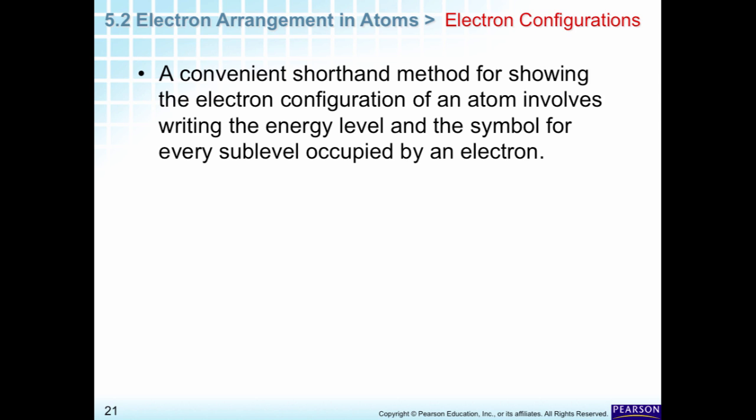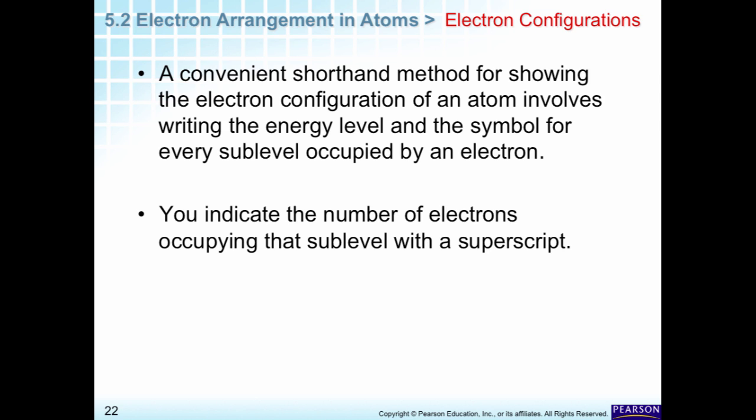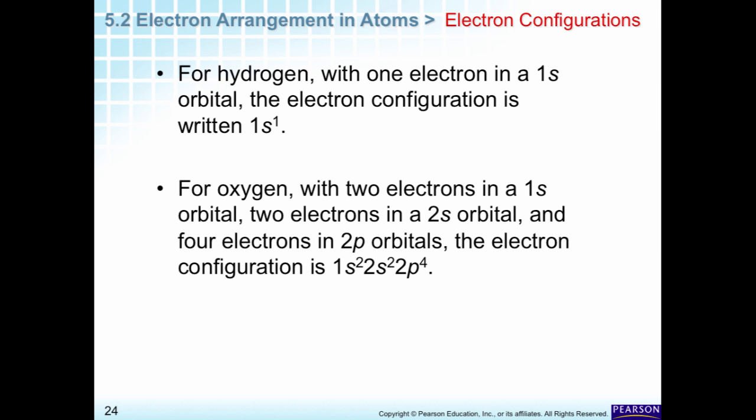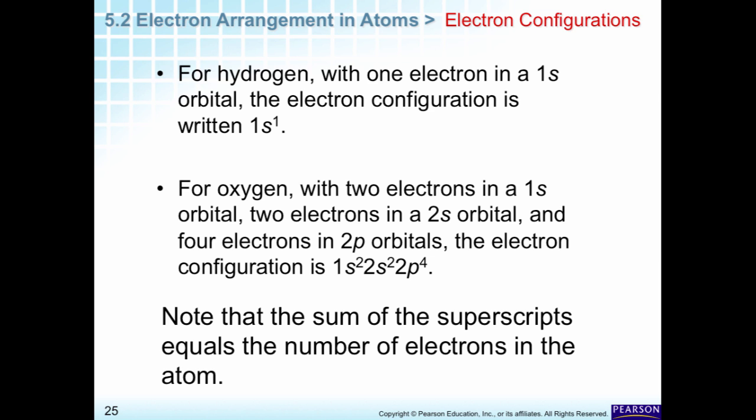It writes the energy level and the symbol for every sublevel occupied by an electron. You indicate the number of electrons occupying that sublevel with a superscript. As I showed you before, 1s1 would be hydrogen, and for oxygen we have 1s2, 2s2, 2p4. Add up those superscripts: you get 2, 2, and 4. That's 8. That's the atomic number of the element, which is the number of electrons in the neutral atom.